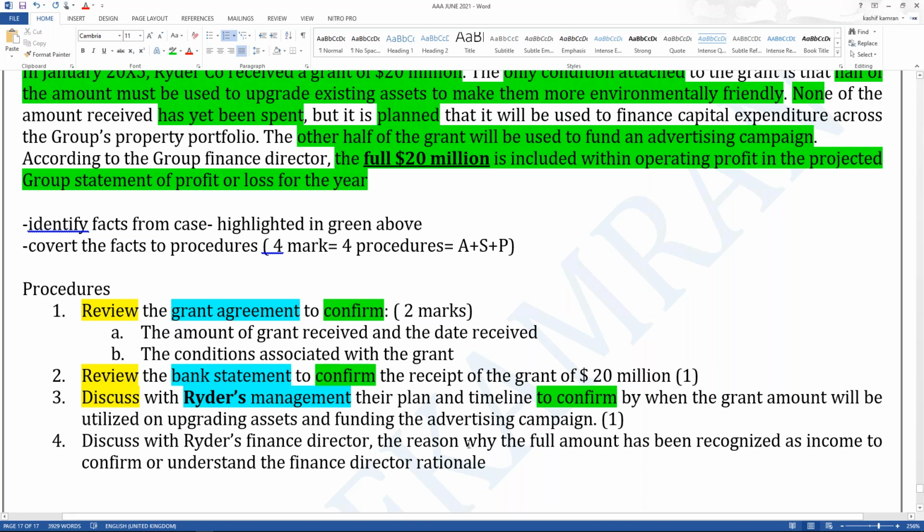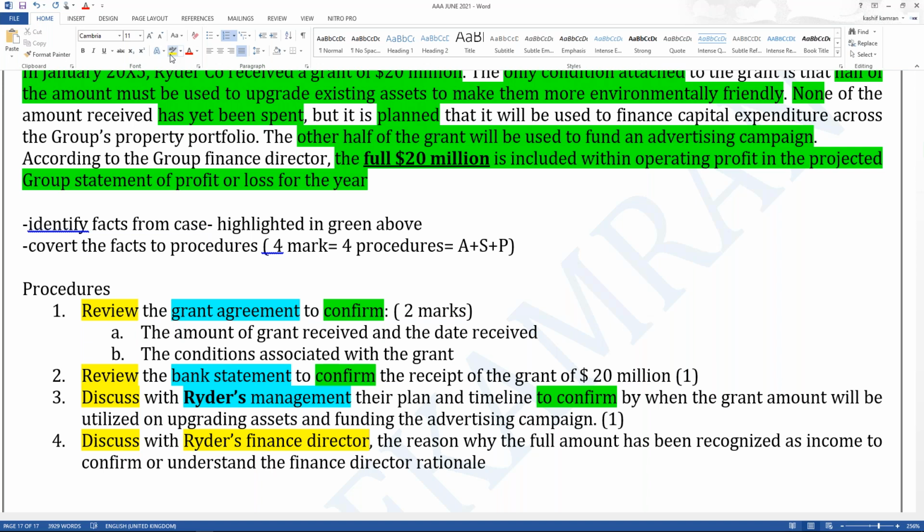So should I understand his rationale? Why? Before I tell him you are wrong. So discuss is a procedure again, but we are discussing with a specific person, Riders finance director. Please try to change the person. If you are discussing anything accounting, discuss that with the finance director. If you're discussing something regarding employees, discuss with the human resource director.